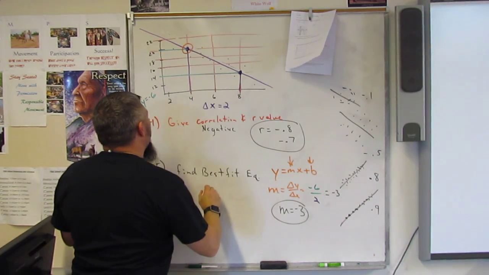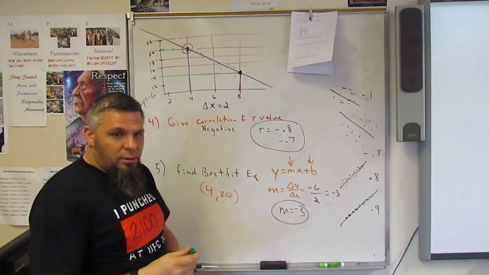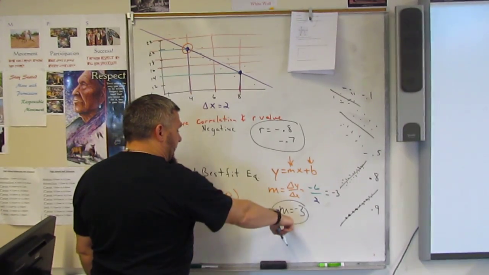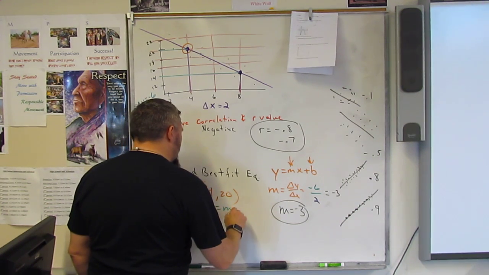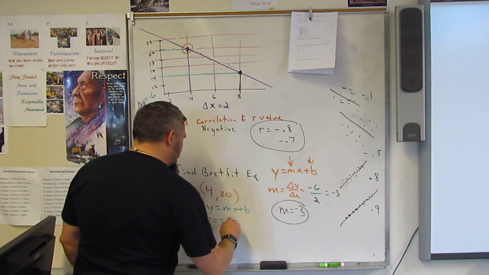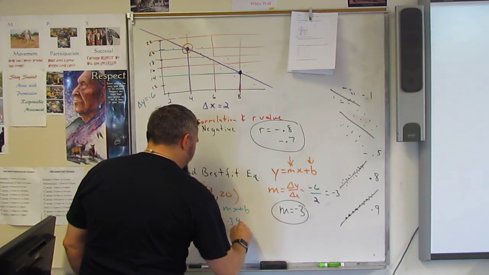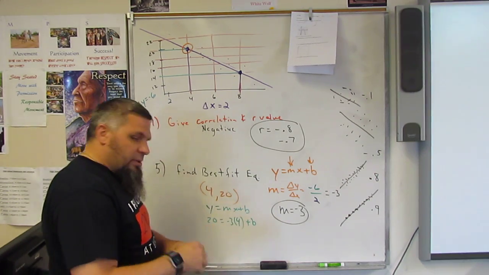Okay, so we've got 4 and 20, and we have a slope. So we have y equals mx plus b. Y is 20, m is negative 3, x is 4, b is unknown.